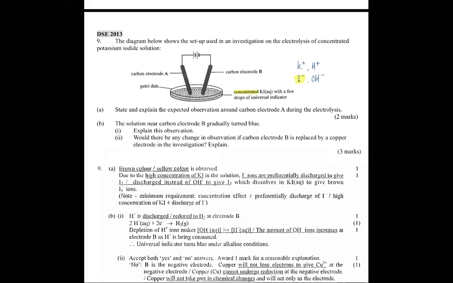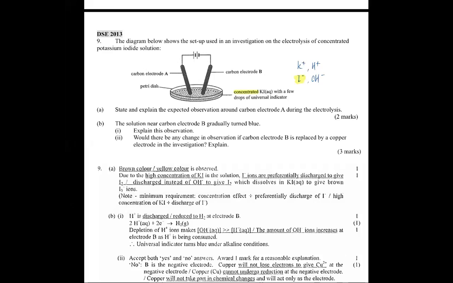So at the positive electrode, it should be the iodide that gets preferentially discharged. And also at the negative electrode, it should be hydrogen ion that gets preferentially discharged.